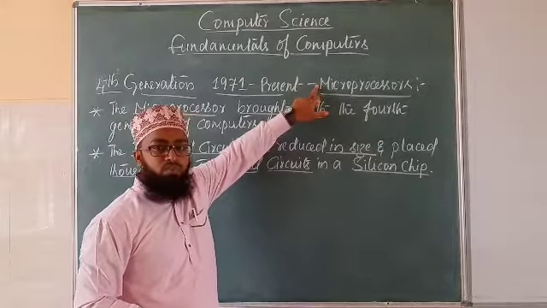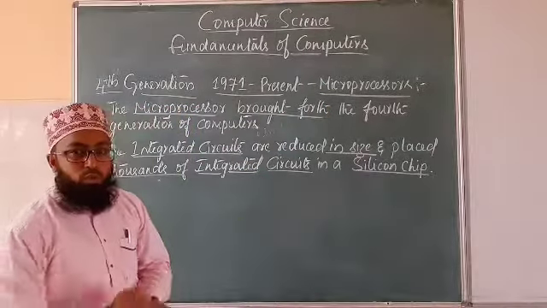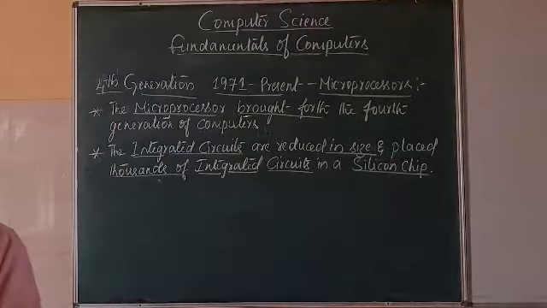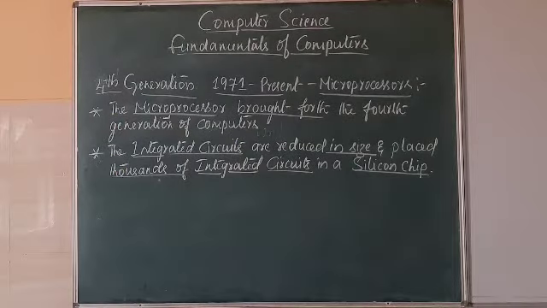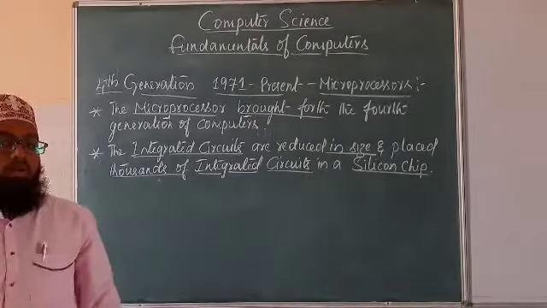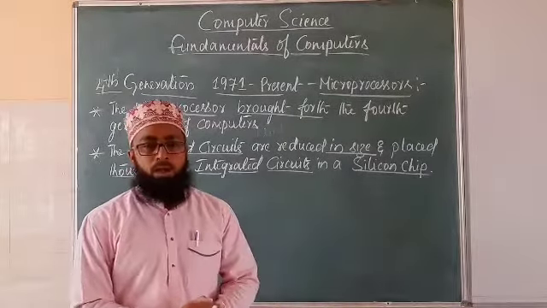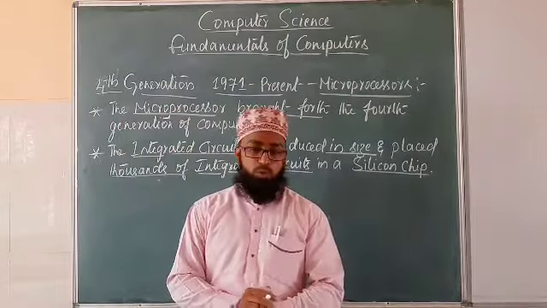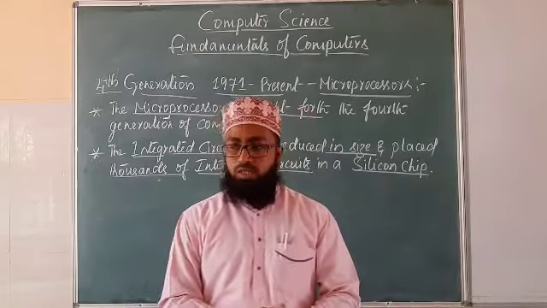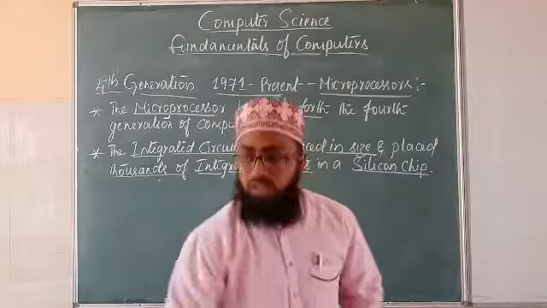Hope you have understood. Now I am going to show you the picture of the microprocessor. Then you will clearly understand what the microprocessor actually is and how it works.